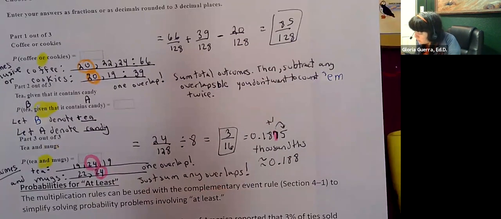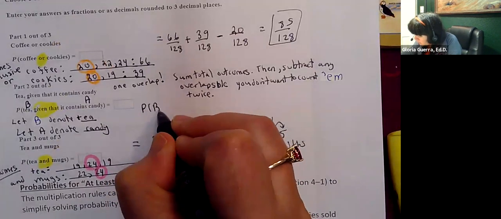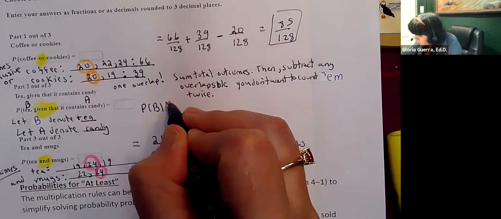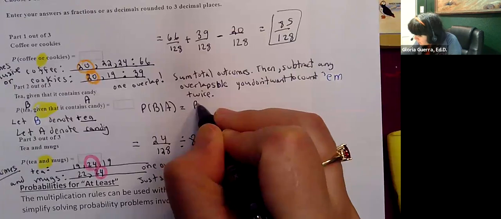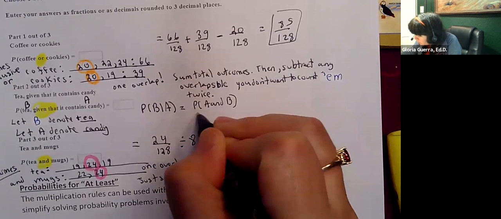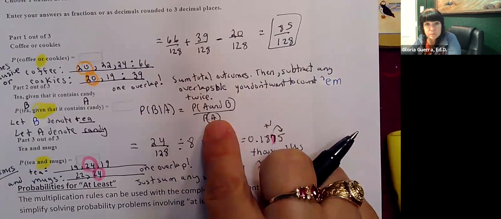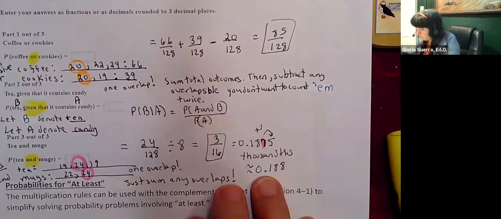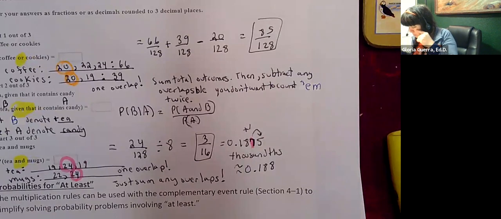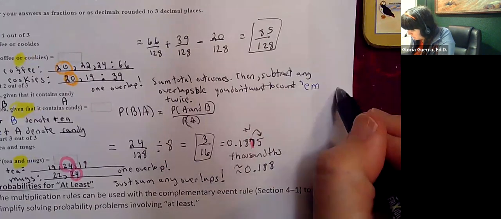Okay, and then I'm going to put down the definition. So probability of B given A is equal to probability of A and B over probability of A. So remember we said these had to match? Okay, so for us, I'm probably going to run out of room.